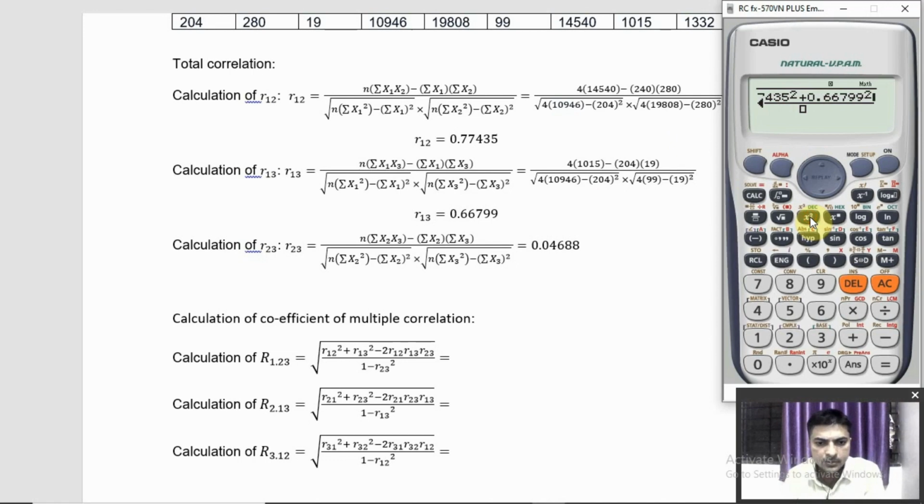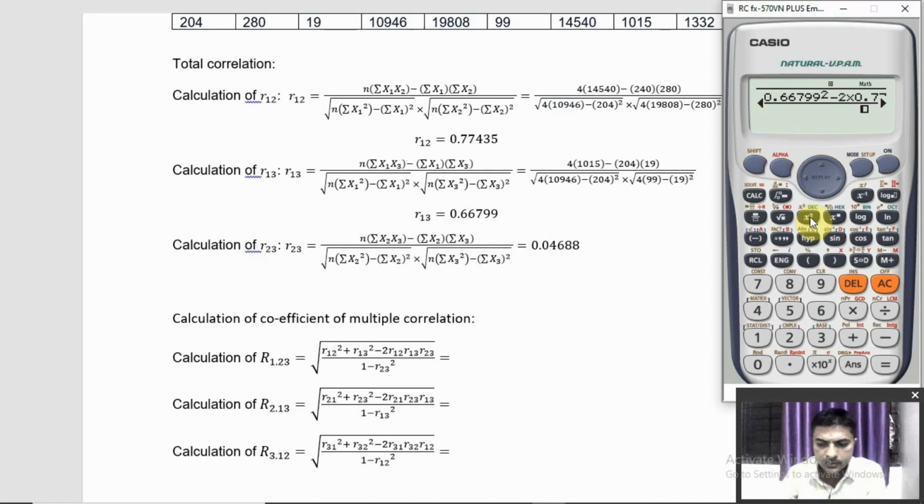Then we have minus 2 into R12. R12 is 0.77435 into R13, 0.66799 into R23, which is 0.04688.